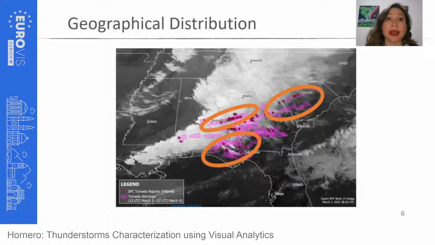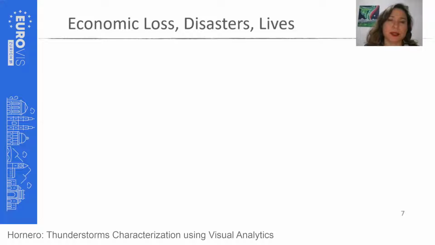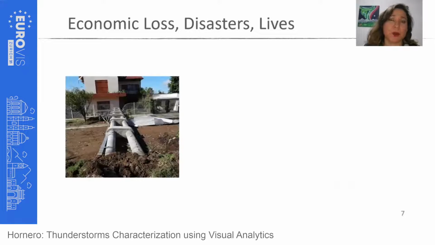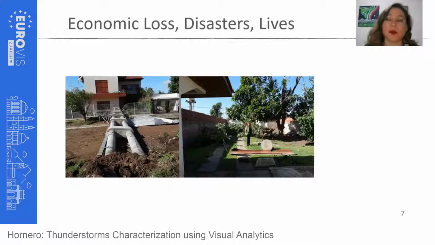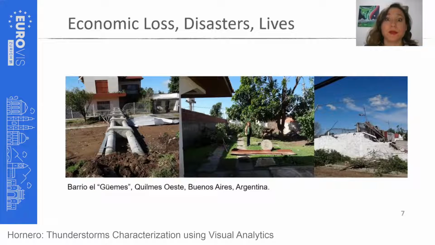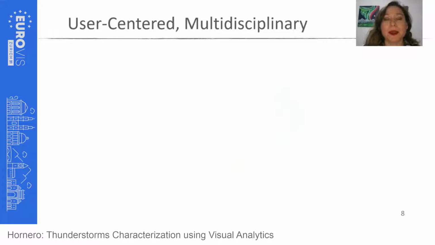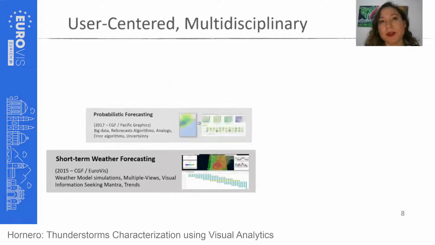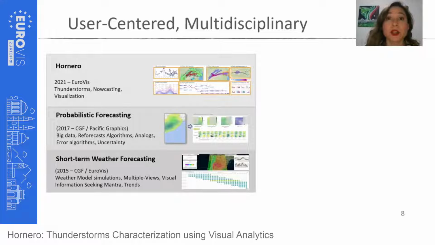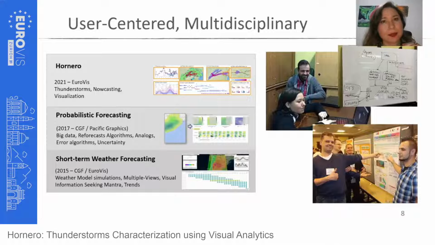Therefore, analyzing thunderstorms is a critical task in operational weather forecasting to avoid economic loss, to prevent disasters, and save lives. That is why operational forecasters need efficient tools to surveil, to quickly detect, prioritize, and issue warnings about potential weather hazards in a matter of minutes, interactively, on a daily basis.